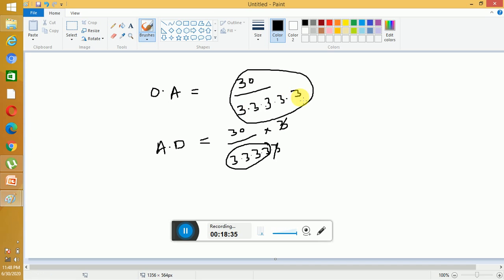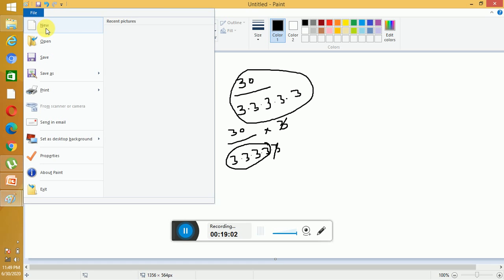Previously it was 5 times, but now we multiply it with 1 plus I, so 3 and 3 will be cancelled out, and it will be 4 times, meaning we will divide the whole factors 4 times. Previously it was 5 times. So this is the difference between these two formulas.